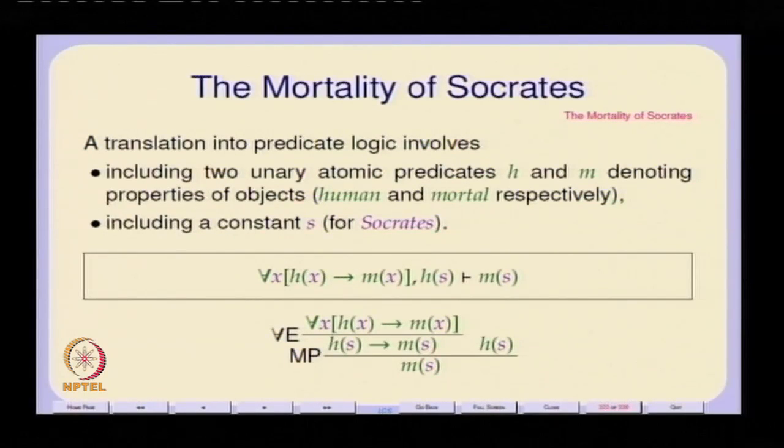Those subsets could be empty also, but given any non-empty set of objects in which these two properties can be defined, in that signature we require the existence of a certain constant.